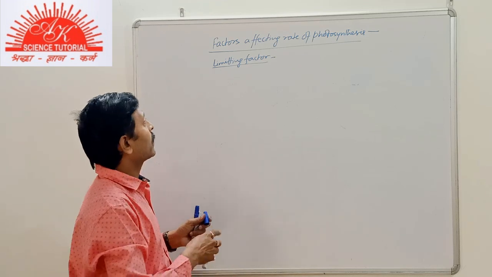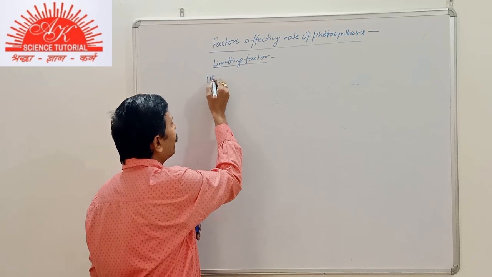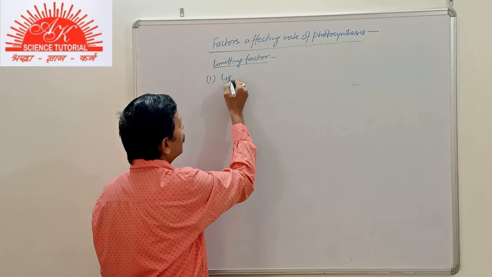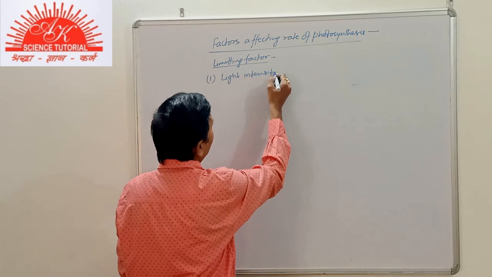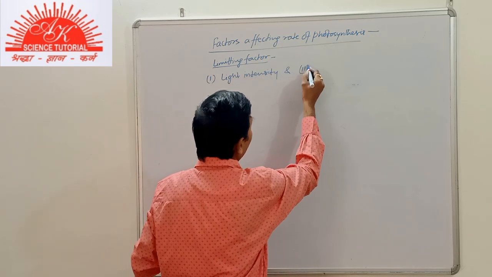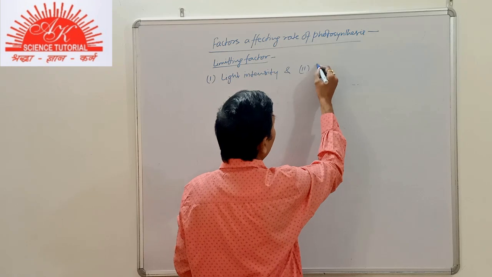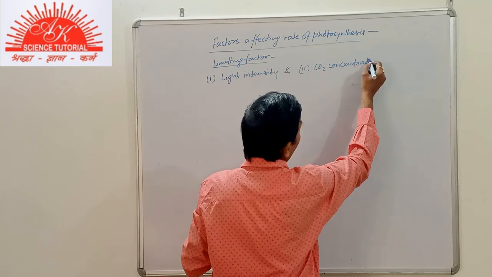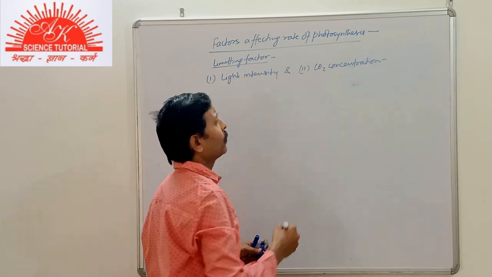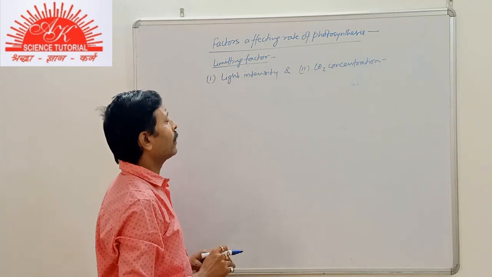Now, let us start with the factors: light intensity, and second, we will study the 2 factors together, CO2 concentration. In general, in atmosphere, the concentration of CO2 remains almost constant.